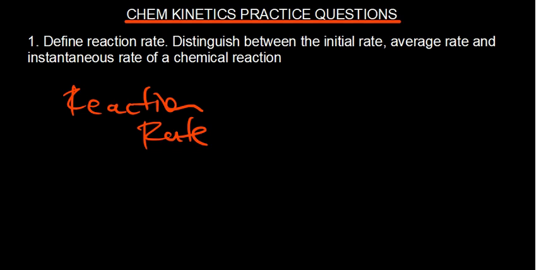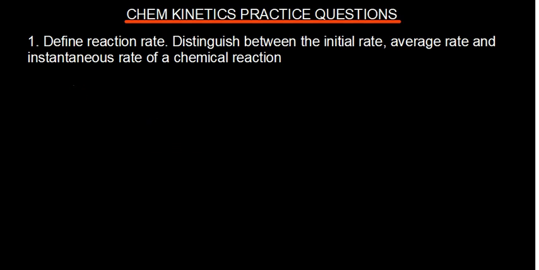Or you can define it in terms of the reactants, where you can say that the reaction rate is the rate of change of the concentration of the reactants with respect to time, or per unit time. That is generally speaking when you're talking about the reaction rate. We also need to understand what the initial rate is, what the average rate is, and what the instantaneous rate is. I'll start with the instantaneous rate.